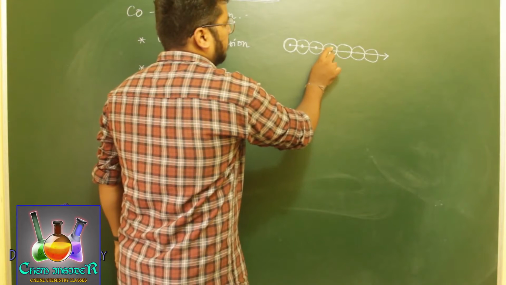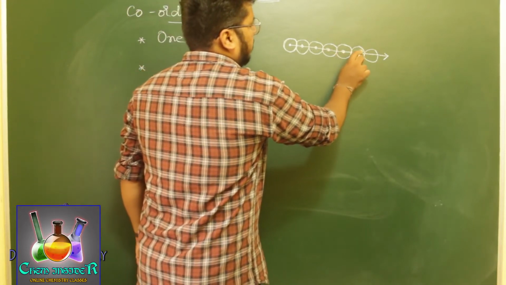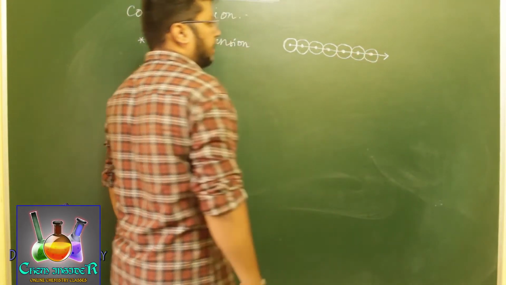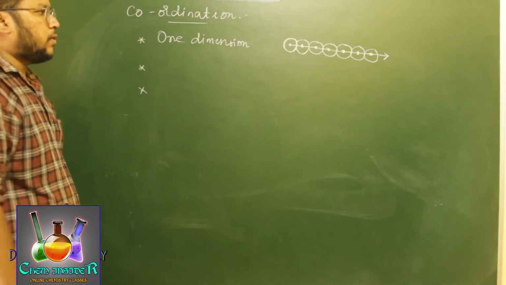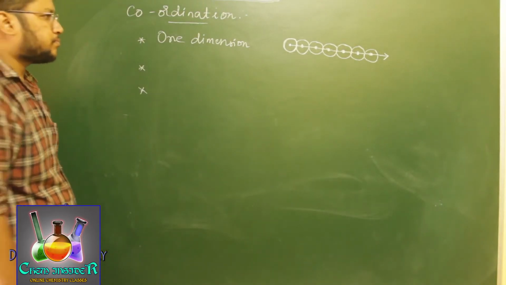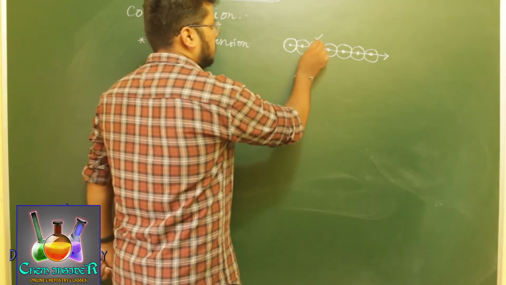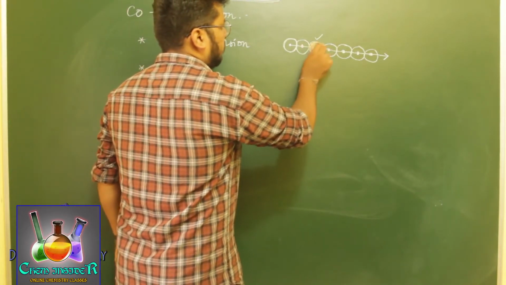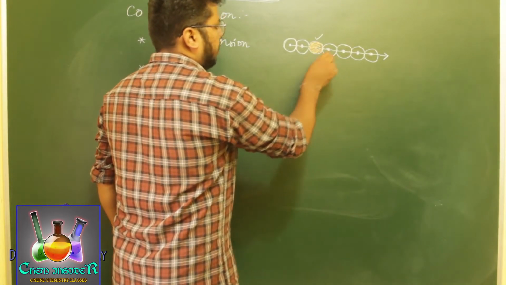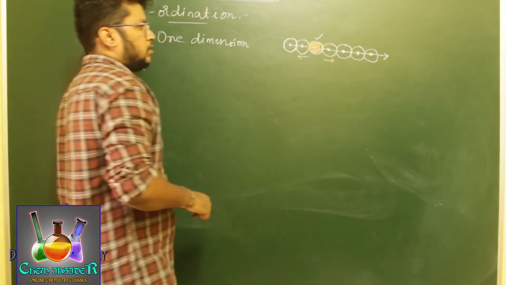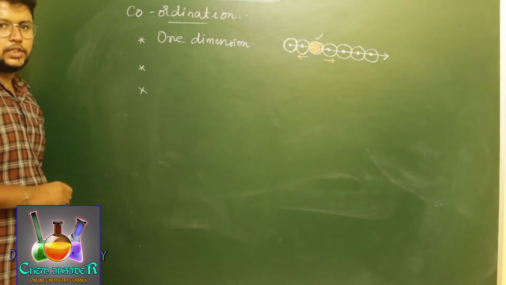So one atom now has two atoms on its left and right hand side, right? So there are two atoms for every atom. If we consider this particular atom, it now has one atom on the right and one atom on the left. So what is the coordination number for it?